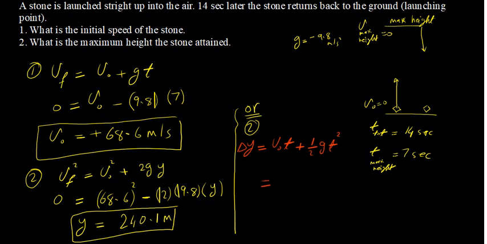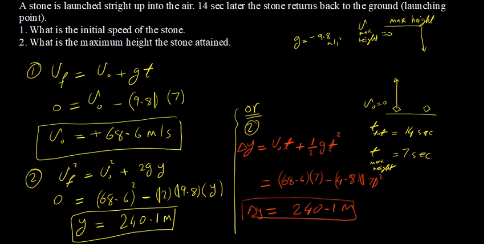So this will take us to 68.6 times 7, plus half the gravity acceleration multiplied by, again, the time 7 squared. If we do the calculation, that should give me exactly the same value, 240.1 meters. That's another way to approach the same question because we do have more information found or given to solve it.